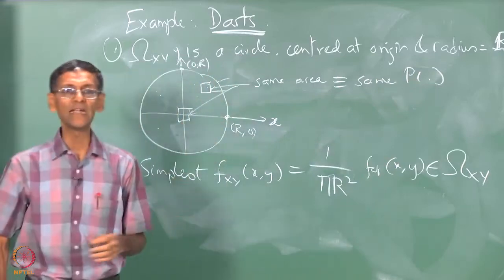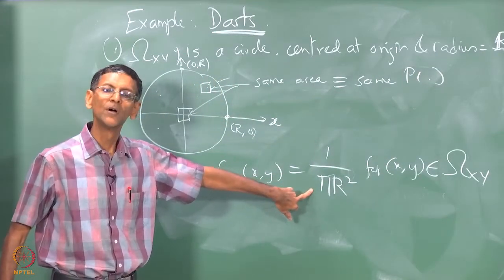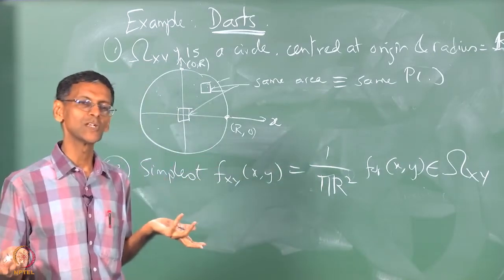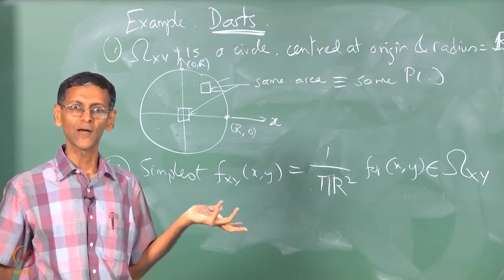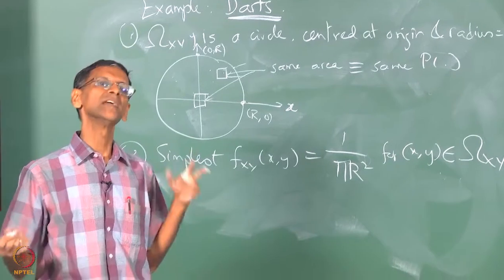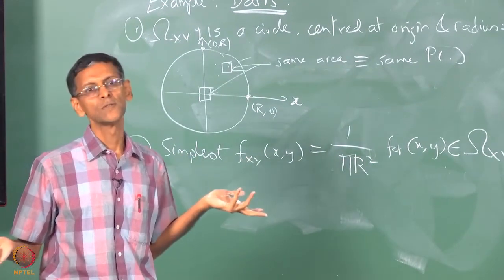And what is the probability? It's just area multiplied by PDF, because PDF is constant. The integral reduces to just multiplication of the PDF value and the area of the region D.